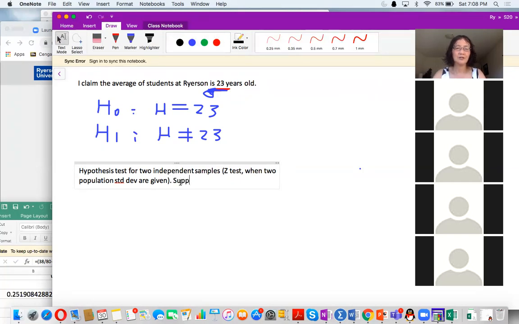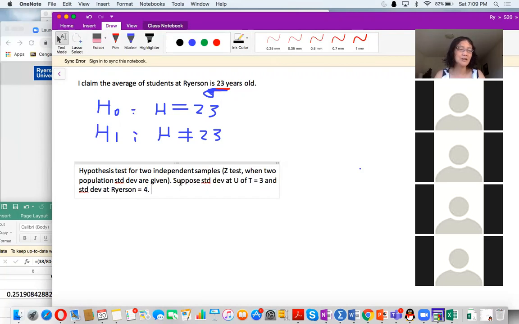We are talking about average age, so I omit some context and just highlight. Suppose the standard deviation at U of T is 3, and the standard deviation at Ryerson is 4, just suppose.